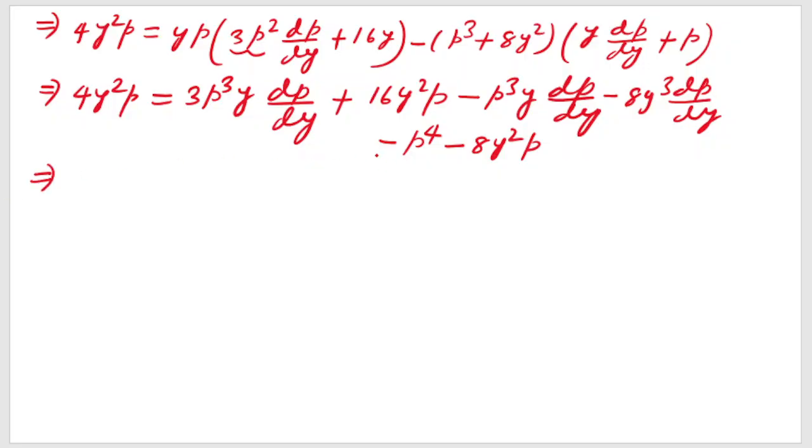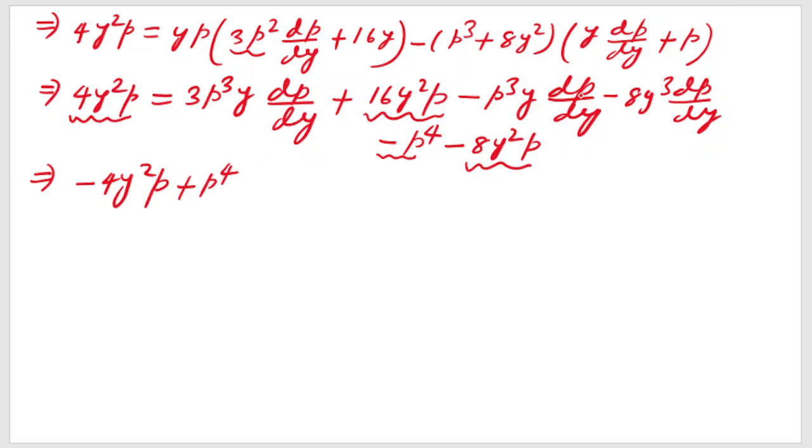Let us look at this term first: 4y square p, and here we have 16y square p and minus 8y square p. So 16 minus 8 is 8, right? And if I bring it to the left hand side, 4 minus 8 will become minus 4y square p, and then we have minus p to the power 4, so I bring this term, minus p to the power 4.